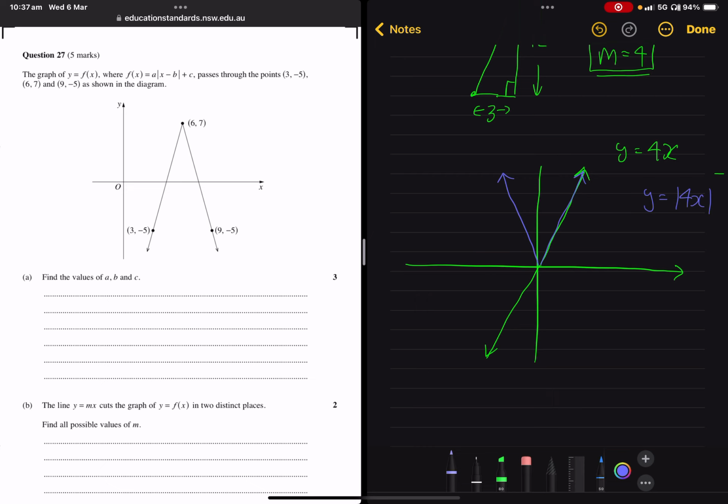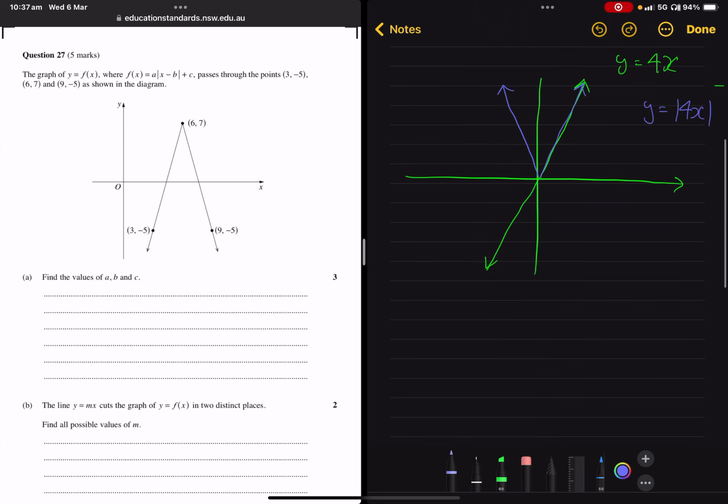Y equals 4x is essentially this same shape, but it's pointing in the wrong direction and it's centered at the wrong point. So now all we need to do is flip y equals absolute 4x upside down, and then move it across by 6 and up by 7, because we know that its vertex is at (6, 7).